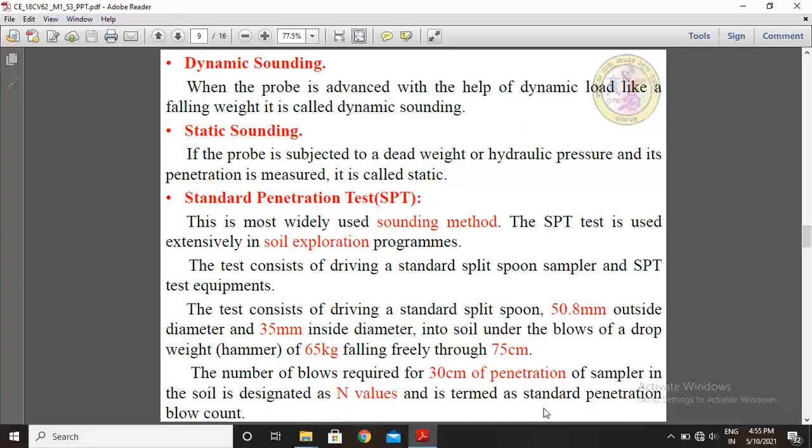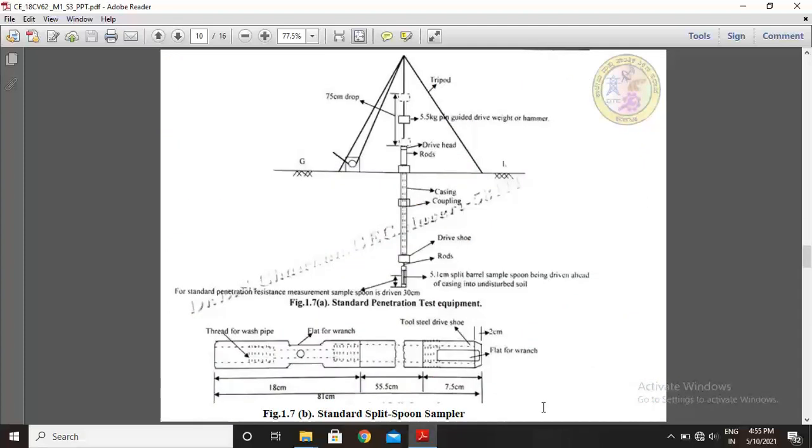The number of blows required for 30 centimeters of penetration of the sampler in the soil is designated as the N value. For every 30 centimeter penetration we consider the N value, termed the standard penetration blow count. So this is the procedure.